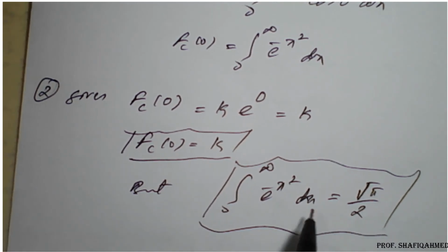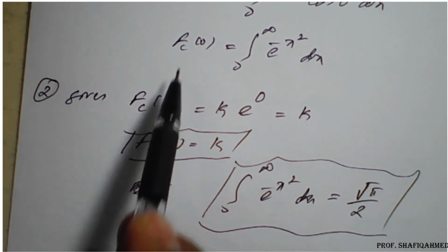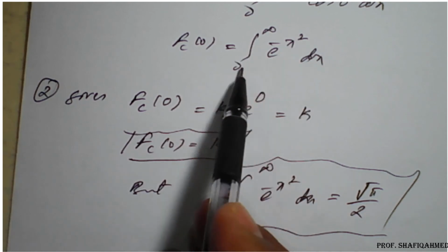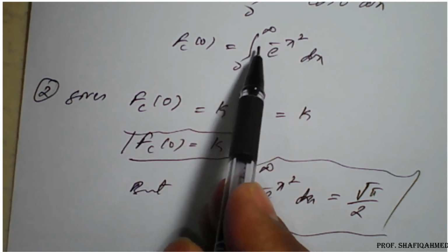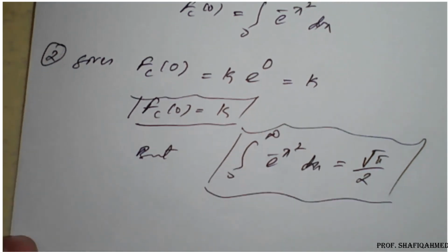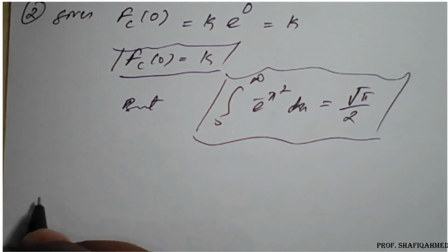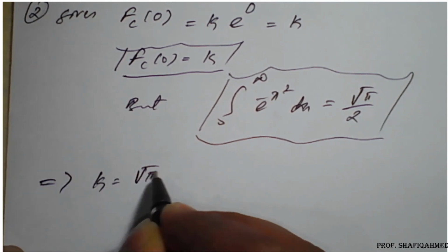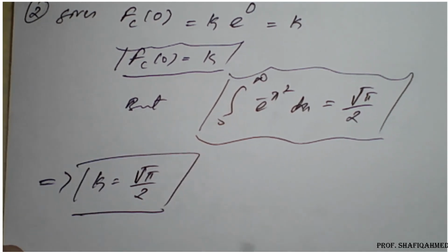So therefore if you compare the results from 1 and 2, f_c(0) is k, and here f_c(0) is equal to integration of 0 to infinity e raised to minus x square dx. So what we can conclude from these two is that k is equal to root pi by 2, meaning we got the value of k.